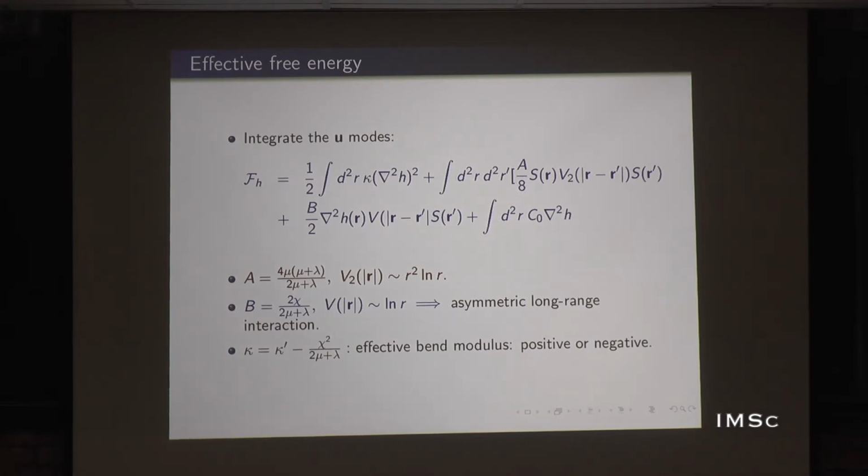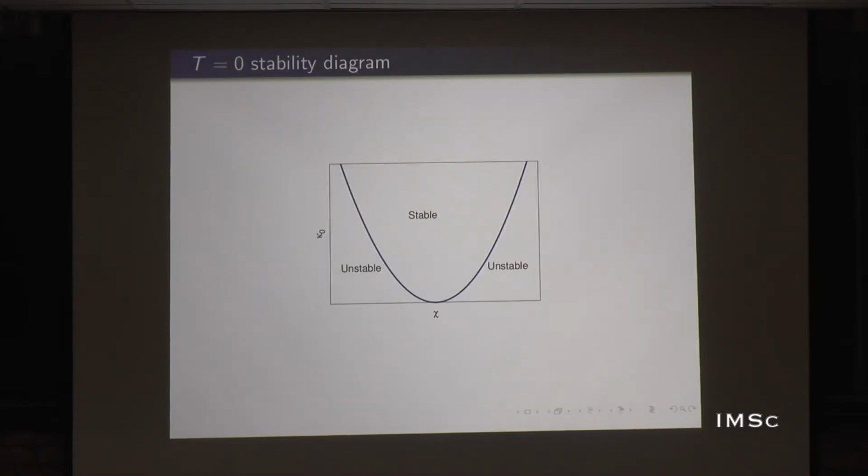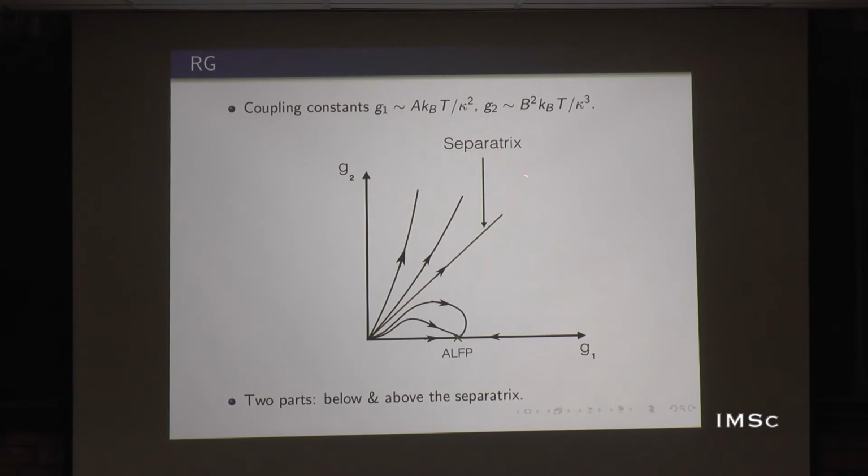Because G1 by G2 is A by B times kappa. So that is an interpretation of this. If you flow along this line, G1 by G2 is actually fixed. So along this line, there is no renormalization of the bend modulus, which is what you are basically saying.